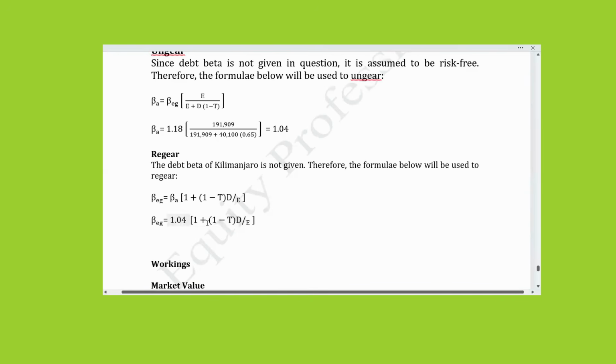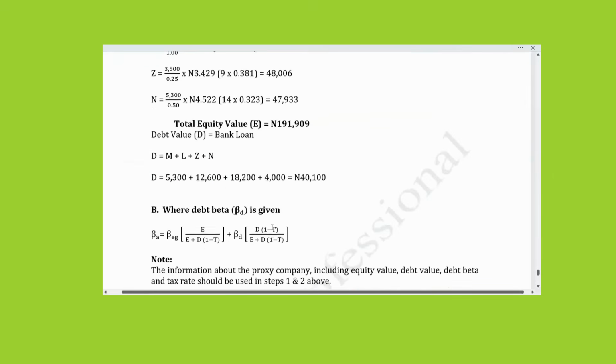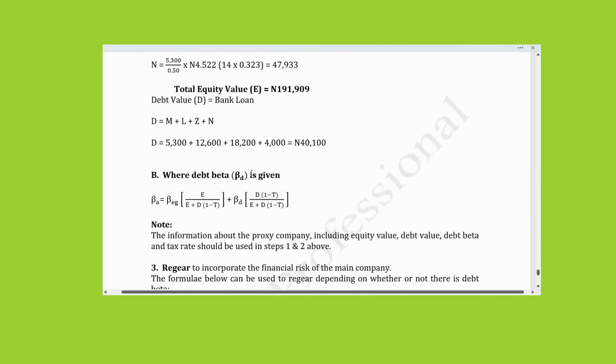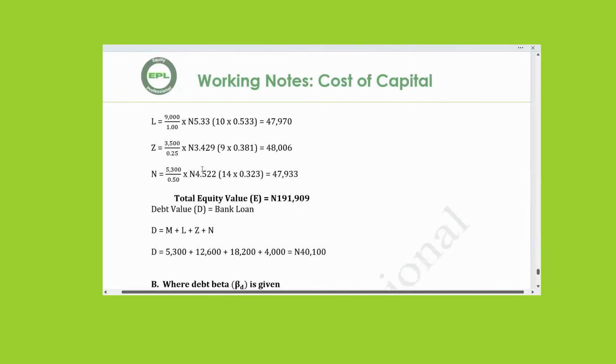All right. So multiply by 1 plus the debt equity proportion, 1 minus tax rate. 35% is the tax rate. 1 minus 35% will give us 0.65. Then I need the debt equity proportion of Kilimanjaro. We need to go and calculate it the same way we calculated for the proxy company. Okay.